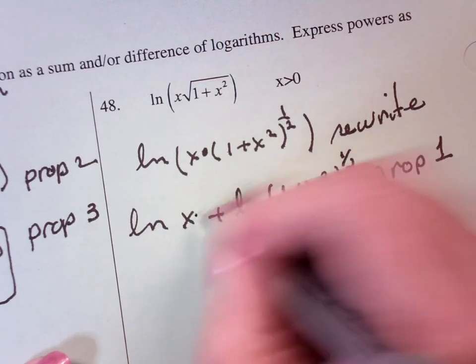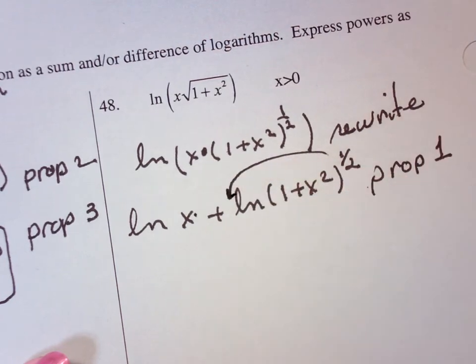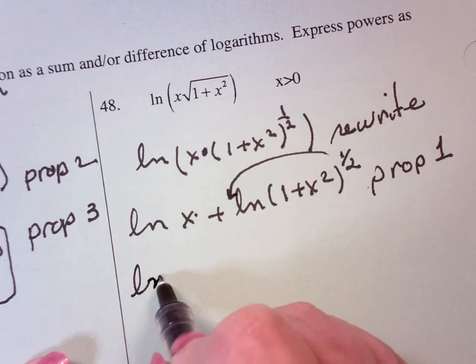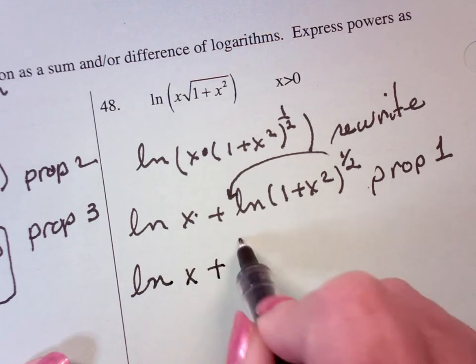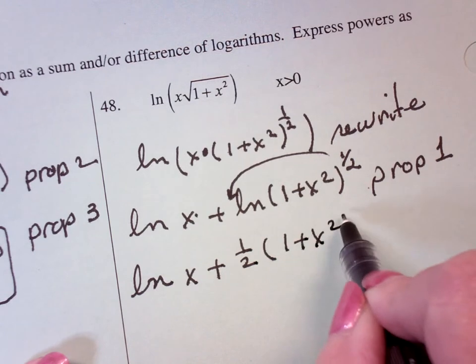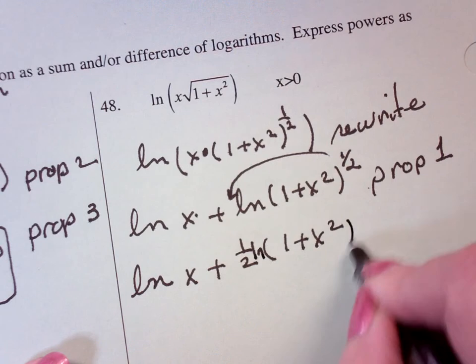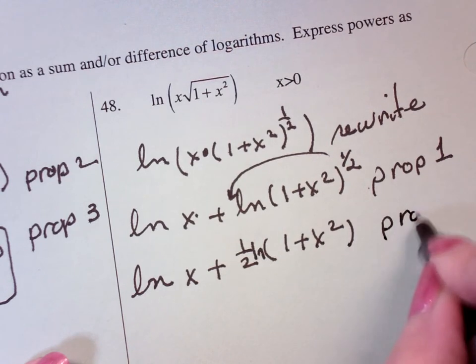This x has an exponent of 1, this has an exponent of 1/2, so that means I need to bring the 1/2 down in front to finish the problem. So the natural log of x plus 1/2 times the natural log of 1 plus x squared, and this is property 3.